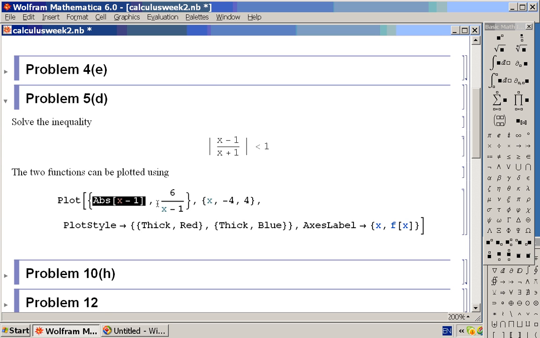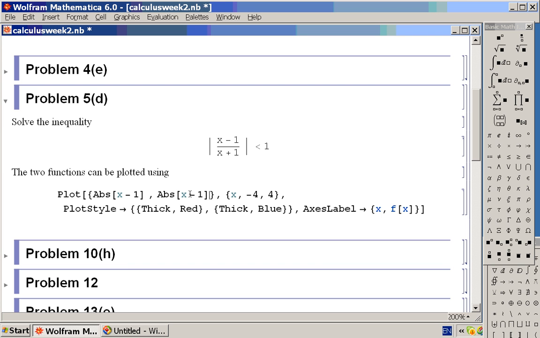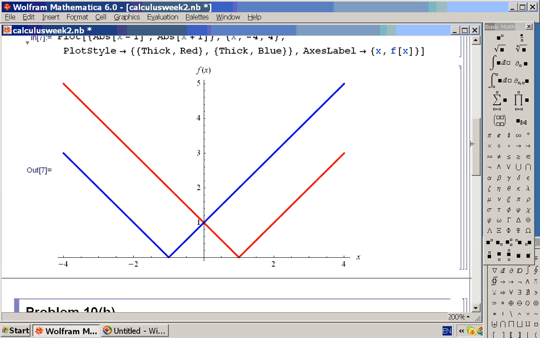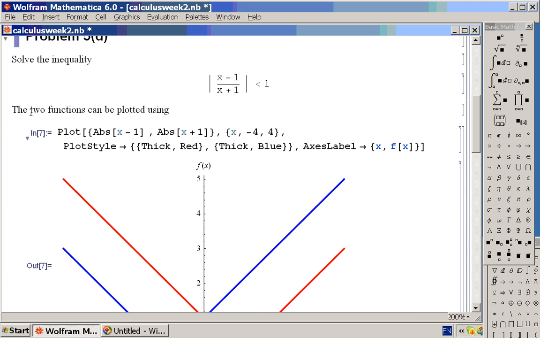And we can customize that for the denominator. So that's the absolute value, or the numerical value, of x plus 1. So that's the denominator, and perhaps we should plot the numerator.